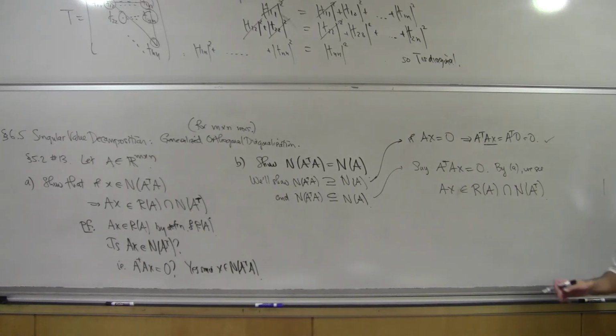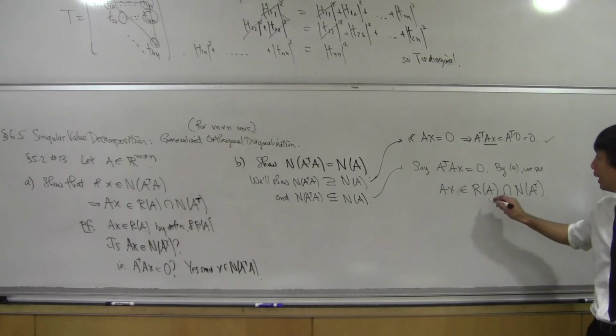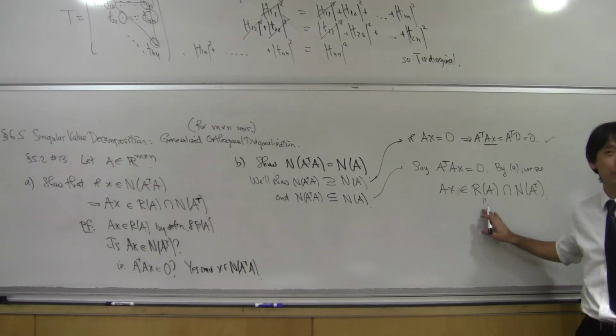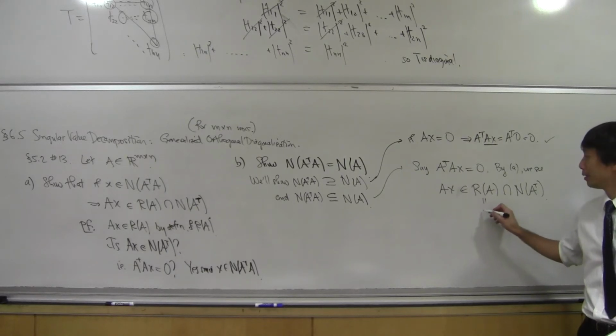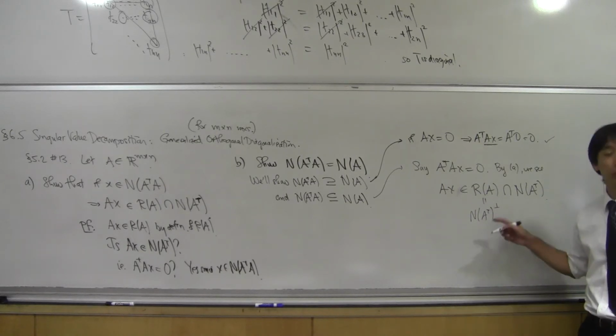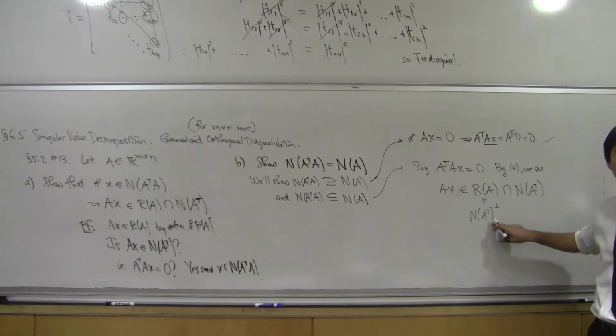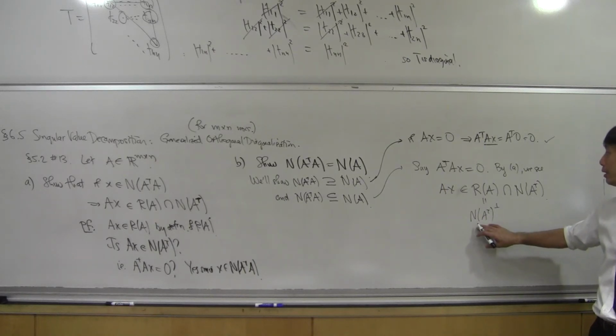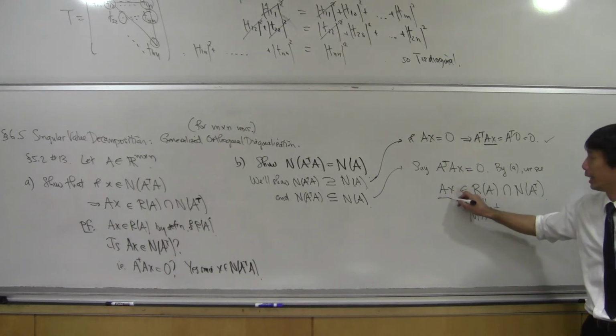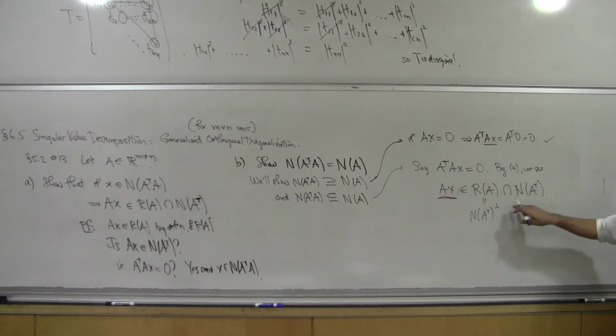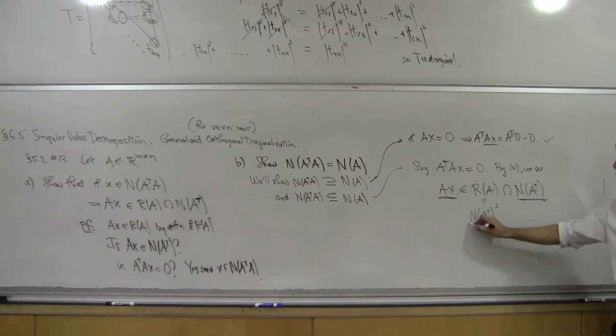But I don't know if anybody remembers the fundamental subspaces theorem. The range of A equals the orthogonal complement of the null space of A transpose, by the fundamental subspaces theorem. But that says then that Ax lies in the intersection of N(AT) and N(AT) perp.